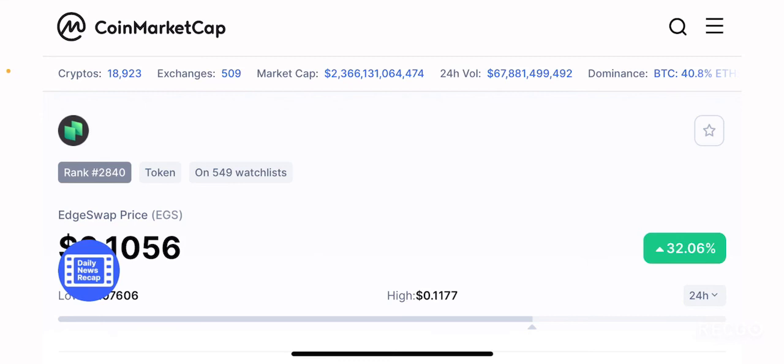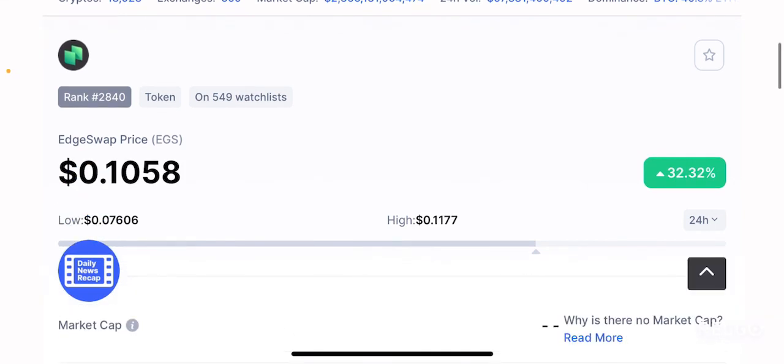There will be a couple of major exchange listings. I don't think this token will get listed on Binance or Coinbase, but it can definitely get listed on several other major exchanges such as OKX, maybe even several other tier 2 and tier 1 exchanges, obviously excluding the Binance and Coinbase exchanges. But that will definitely push the price of this token to a higher price.